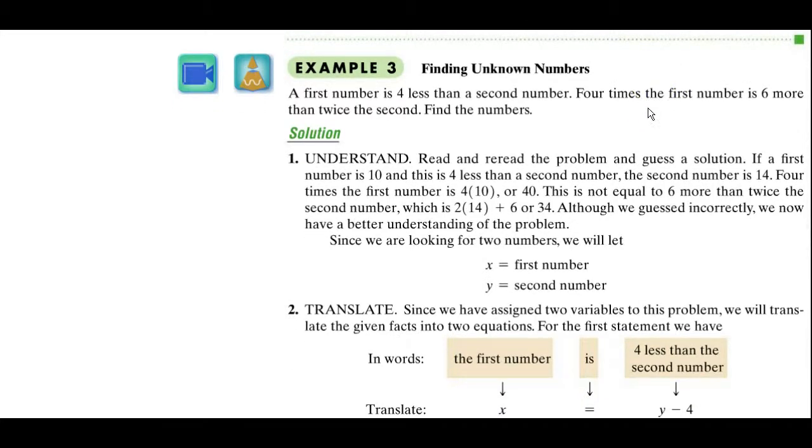Okay, example 3. And at least the sentences are short here. So we'll read that over. A first number is 4 less than a second number. Well, we're going to call our first number x and our second number y. So our first equation will be x is 4 less than y.